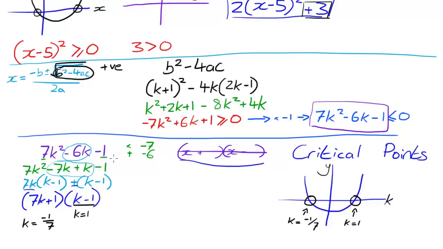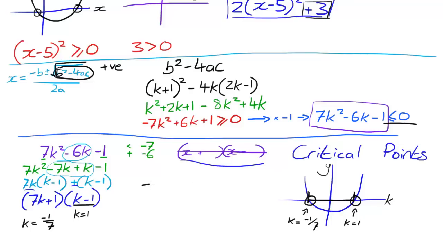So this here, it's obviously not to scale, k is equal to minus 1 over 7. And what we are saying with our function, here we go, our function is always less than or equal to 0. So we are looking for the only place where this graph is below the k-axis, just like the x-axis. So it's just this from this point to this point is where the function is below this axis.